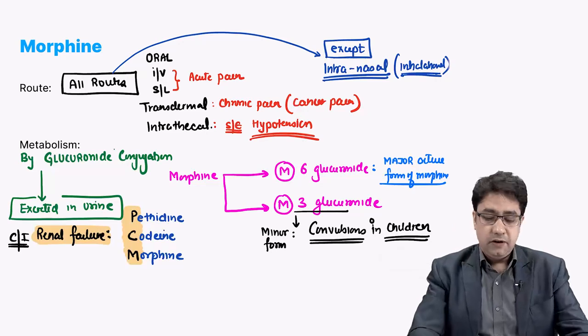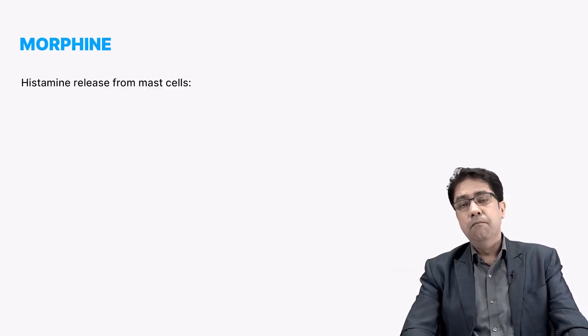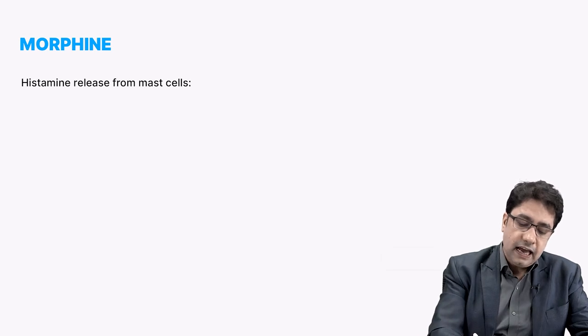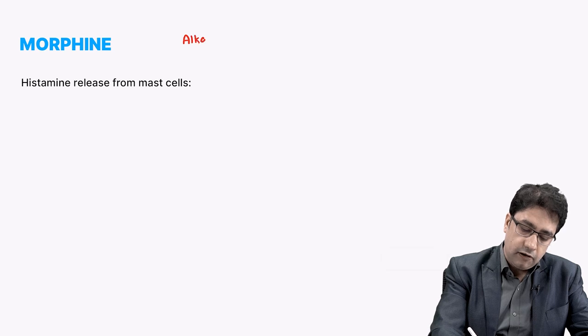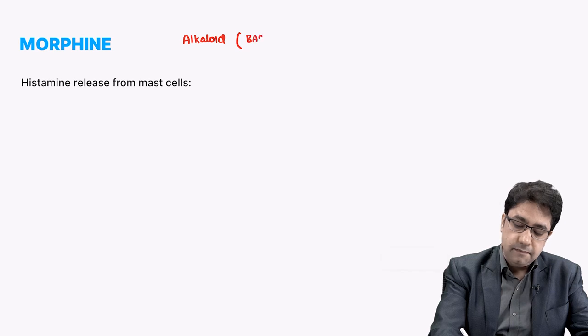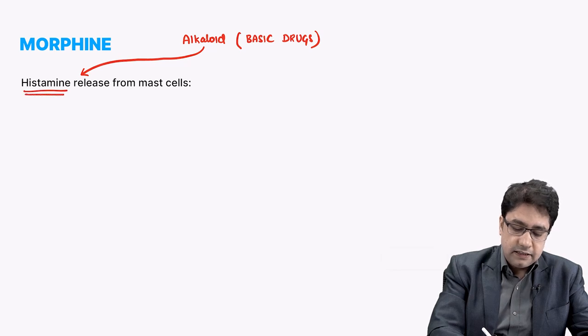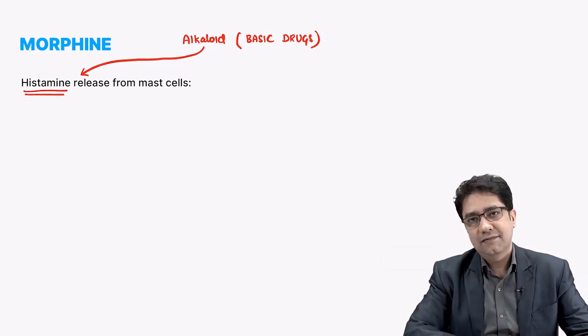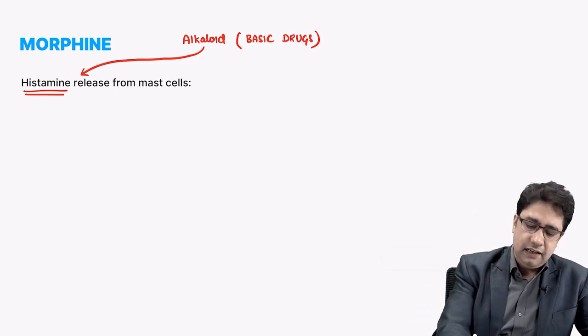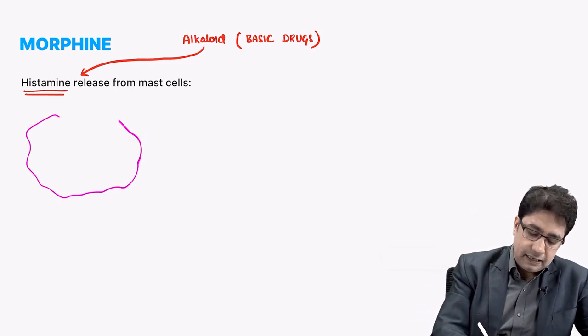Now let's talk about morphine, which we know is an alkaloid. Alkaloid means it is a basic drug. And remember, all basic drugs have a property that they can release histamine from the mast cells. Why? The reason I'll tell you. Suppose this is a mast cell.